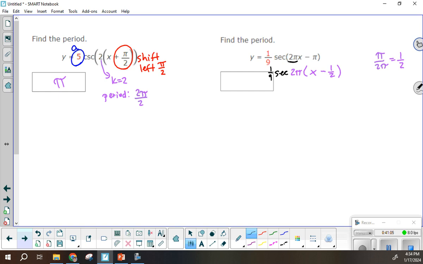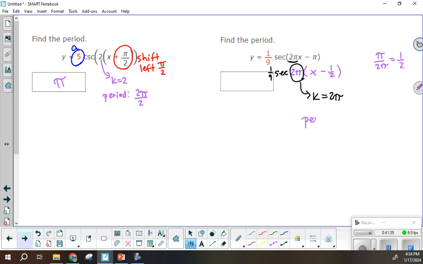Now, your graph's going to look a little weird on here. You're going to have actual numbers and not the pi symbols. But that's okay. Let's still talk about k and our period. So this is our k. What does that do with our period? Well, if we go back to the drawing board, secant, again, reciprocal of cosine. Cosine's normal period is 2 pi.